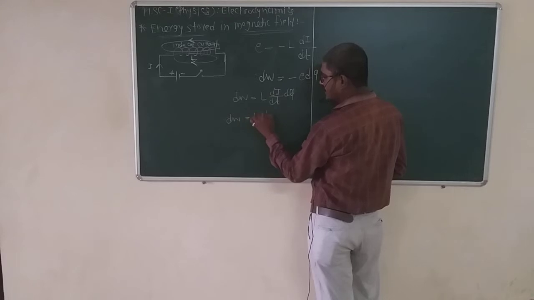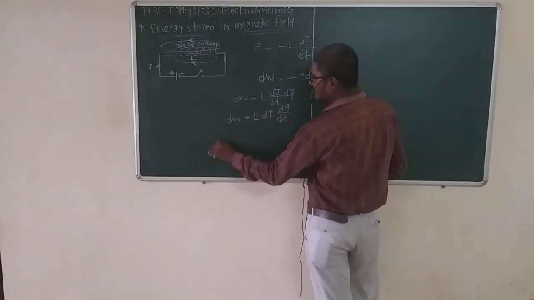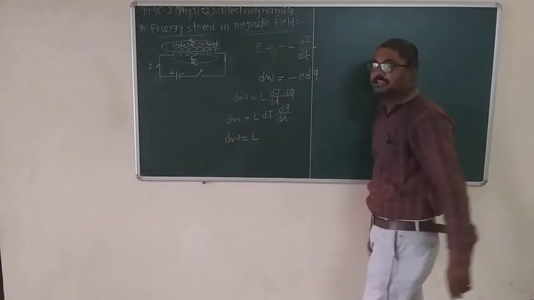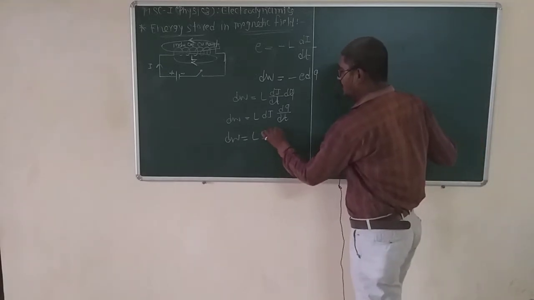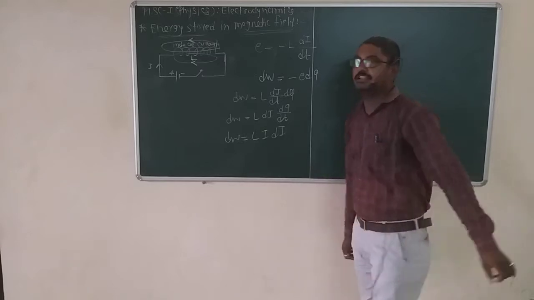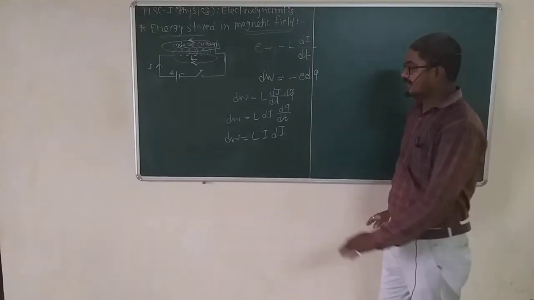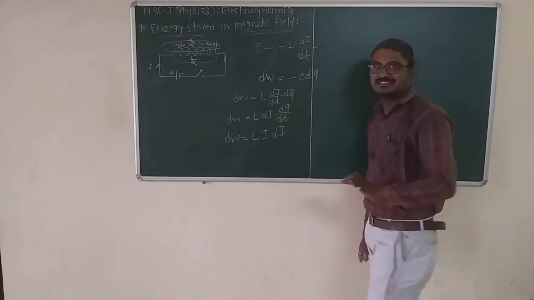We write L di dq by dt. dq by dt is the current, and therefore dW is equal to L i di. This is the small work done as compared to small charge dq.